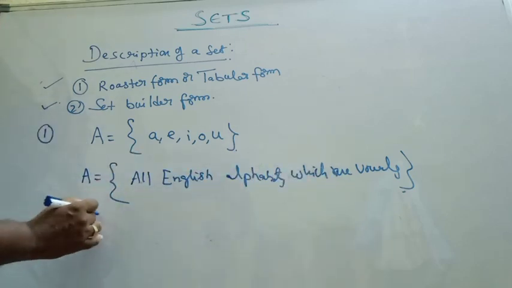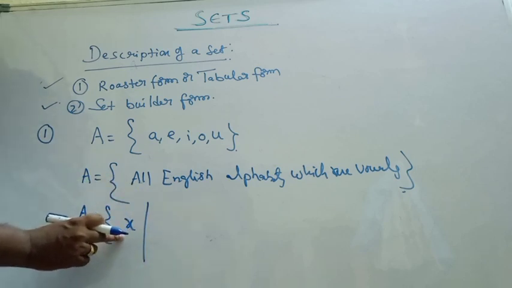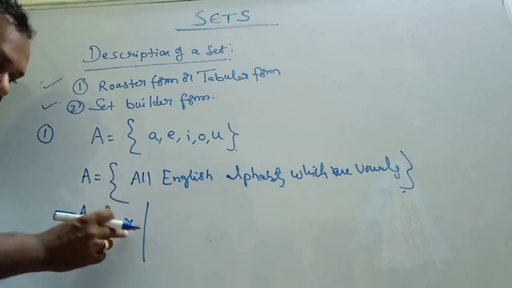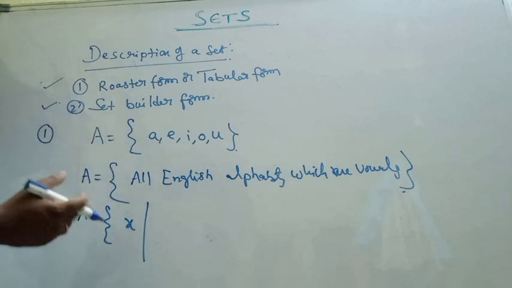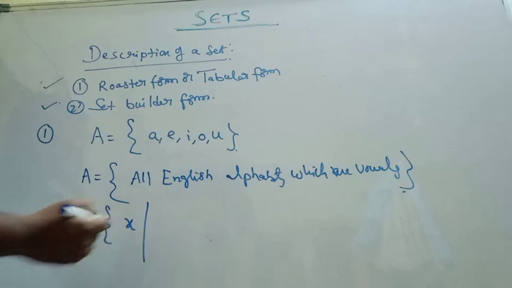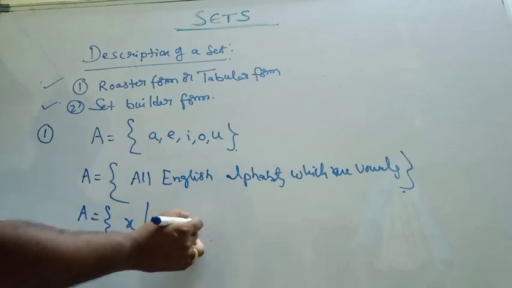This same thing I can also write as x such that x is a vowel. Here x, we don't know, we are just describing the property of the elements of that set. x is anything, randomly; it is a variable. This symbol indicates "such that": x such that x is a vowel.